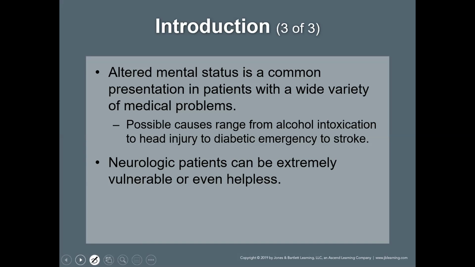Their airway is vulnerable. Sometimes their tongue becomes relaxed and flaccid and blocks their airway, and because they don't have a gag reflex, they cannot protect that airway. So their airway is at risk. Again, altered mental status and AEIOU tips.